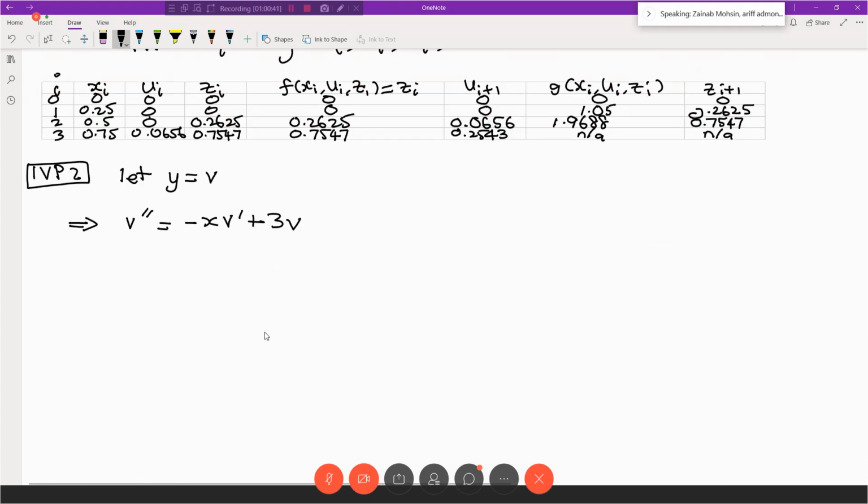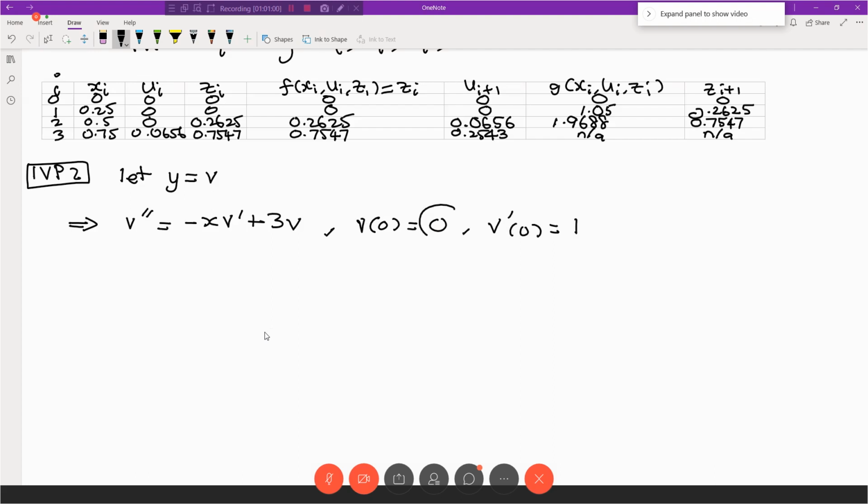So now your condition should be V(x0) is 0, always 0, and the second V prime(x0) is always 1.